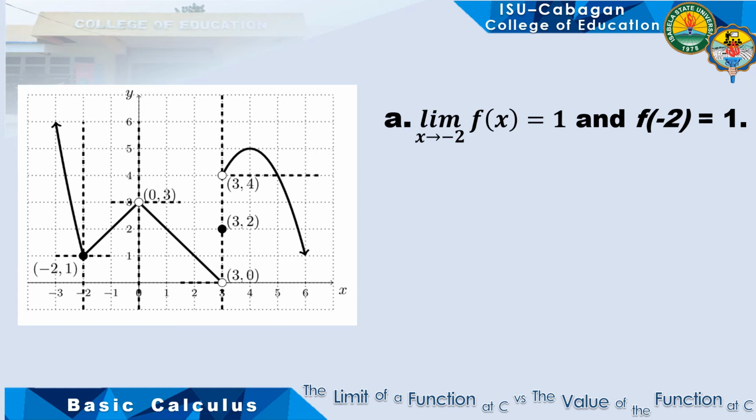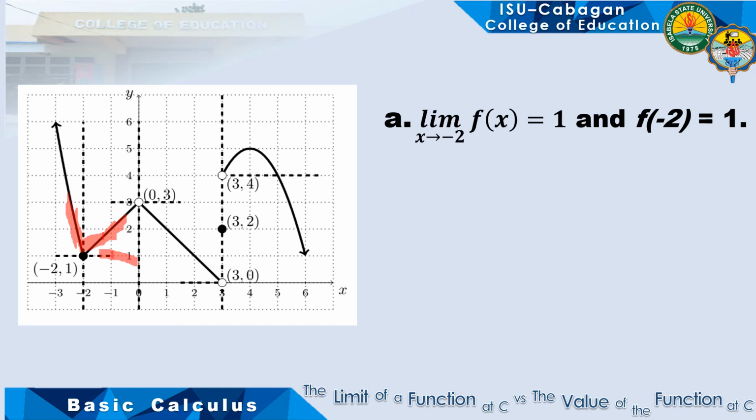Kasi, kung mapapansin nyo dito sa graph, ina-approach ni graph si negative 2 from the left side at ina-approach ni graph si negative 2 from the right side si 1. So therefore, ang limit ni function as of f of x as x approaches negative 2 ay 1.